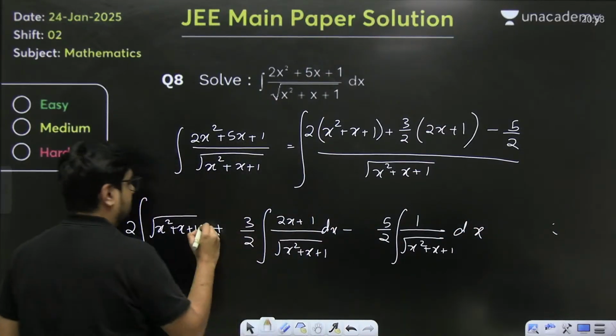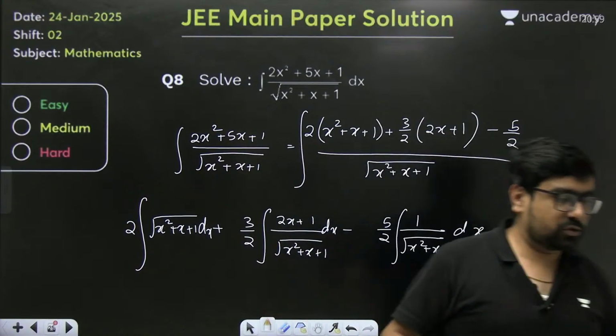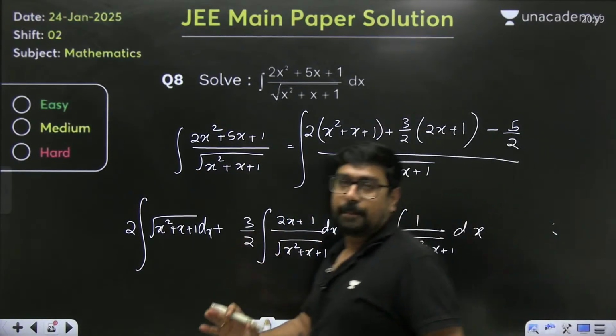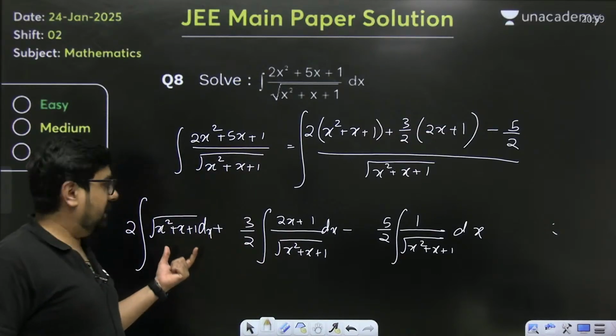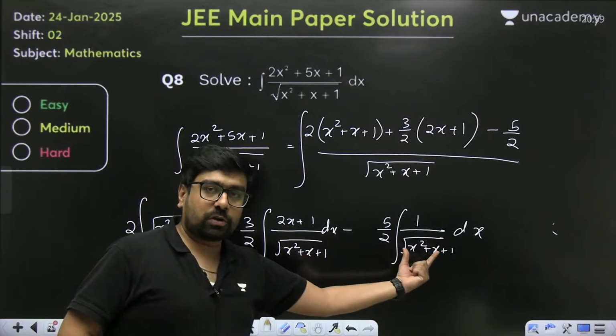I'm just giving you an idea how you solve. If you are solving very carefully, you are much better at integration than me. But this is the method. Now everything is in the integral form. Just write the complete squares. Here also complete the square.